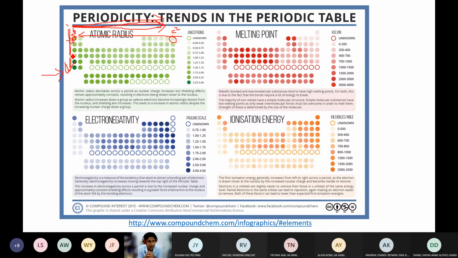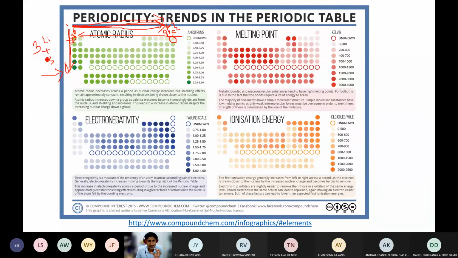The positive charge in the nucleus, we call proton. So lithium has 3 protons in its nucleus, and fluorine has 9 protons in its nucleus. Lithium has 3 protons and 3 neutrons, and fluorine has 9 protons and 9 neutrons.